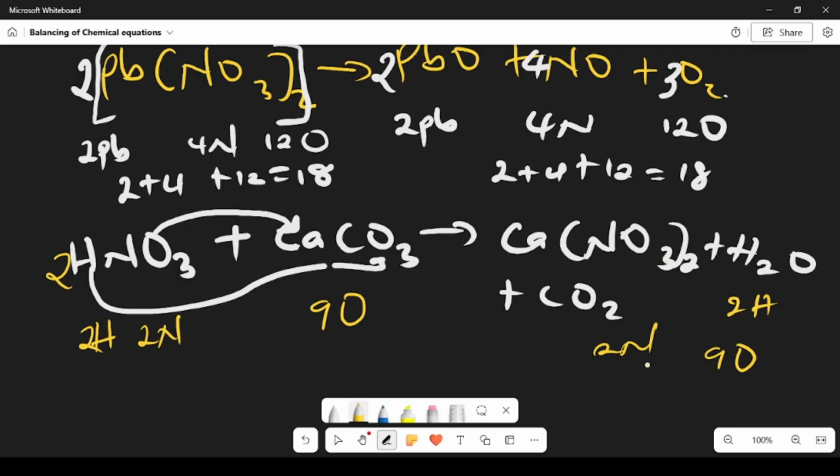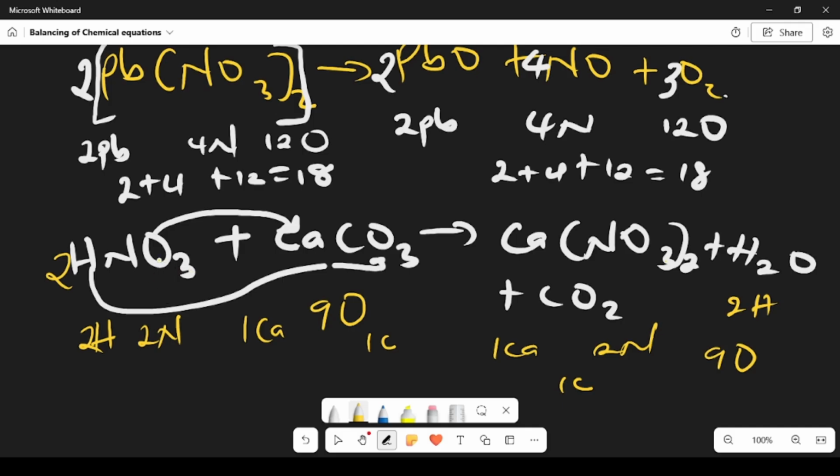Remaining 2 elements, calcium and carbon. So you have 1 atom of calcium and 1 atom of calcium, 1 atom of carbon and 1 atom of carbon. So in this place, you've actually balanced the whole equation. Remember what reacted and what was formed.